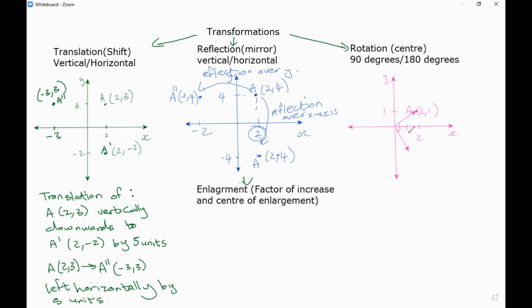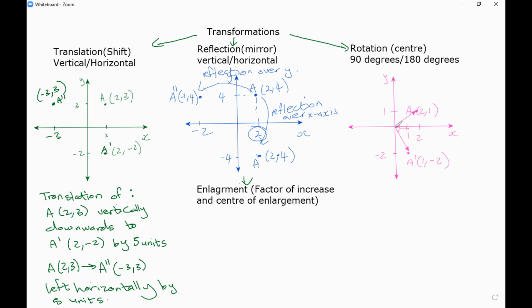And that coordinate over there, which will be 1, -2, becomes the coordinate A prime, because that's the image of A: 1 to the right and 2 down. So initially I went 2 to the right and 1 up.